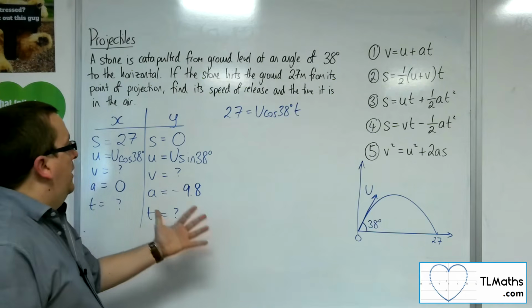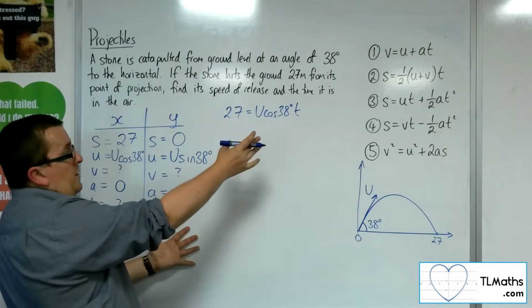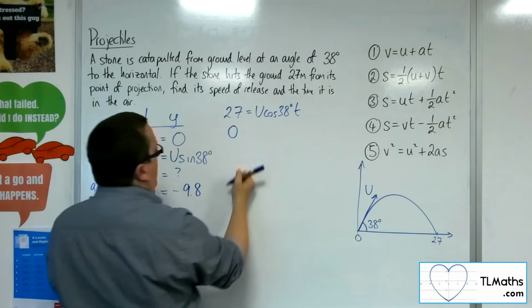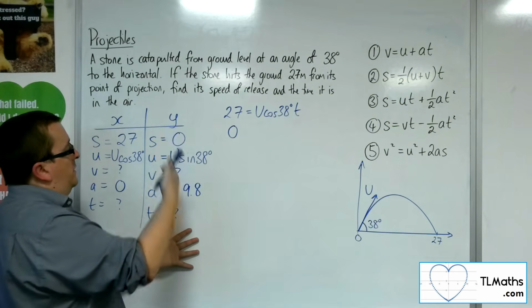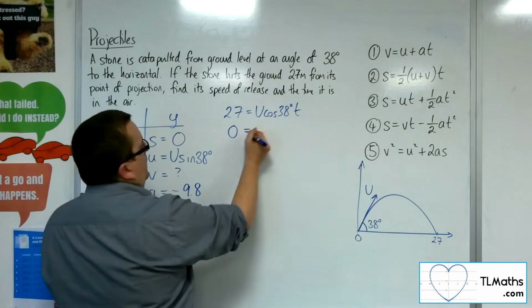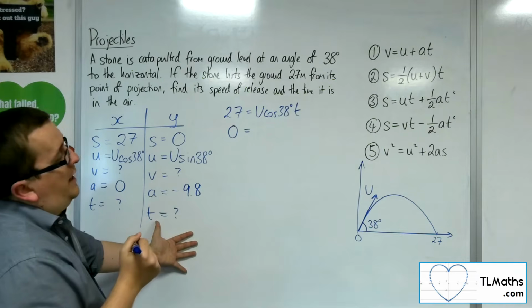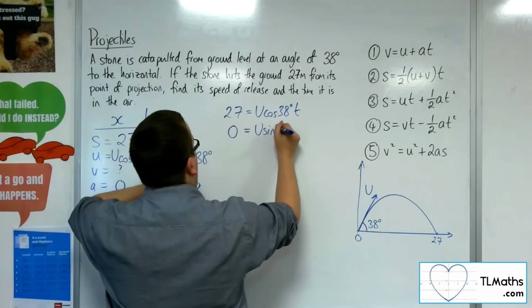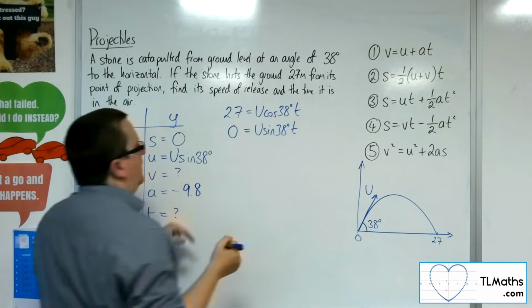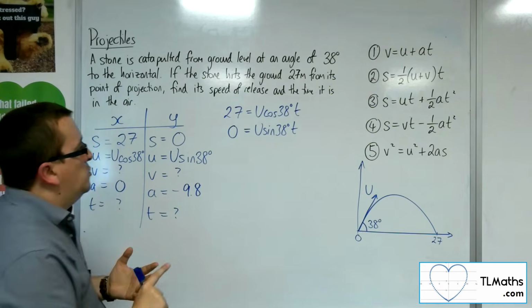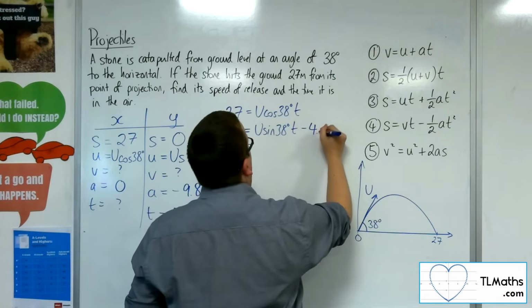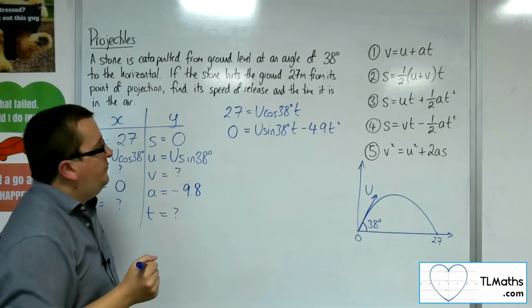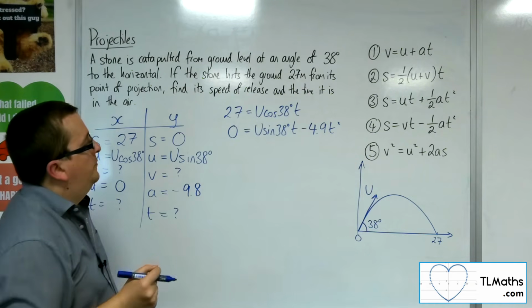Using number 3 again for the vertical direction, the s is 0, and I've got u sine 38 t plus a half a t squared, so minus 4.9 t squared.